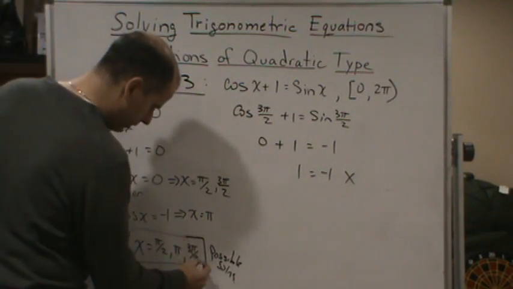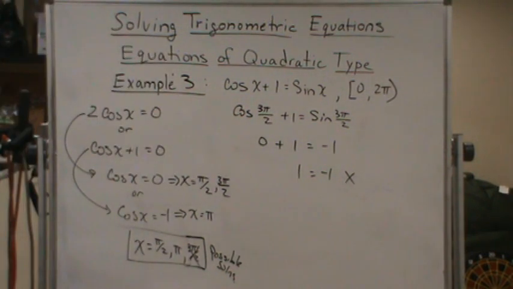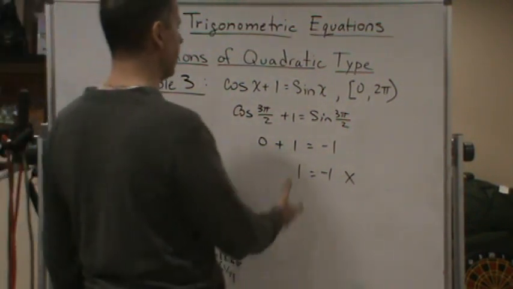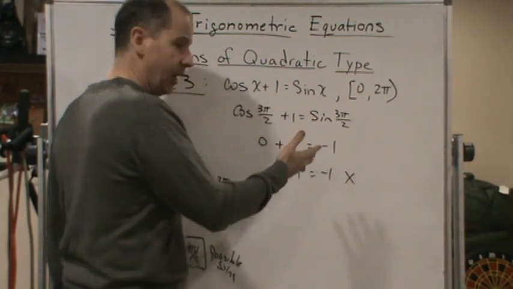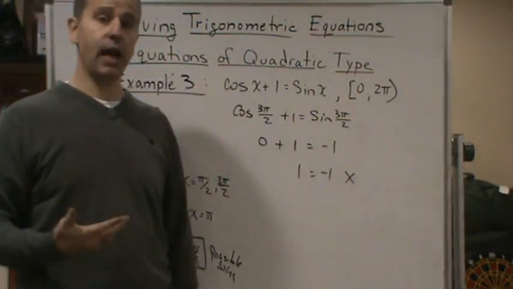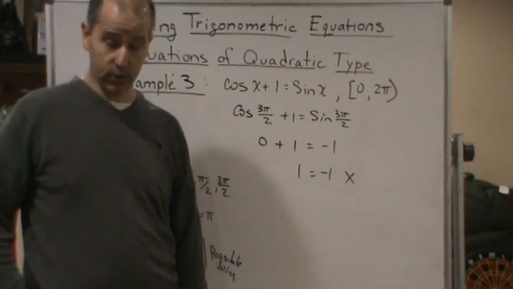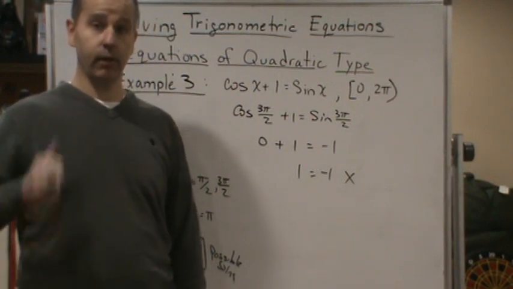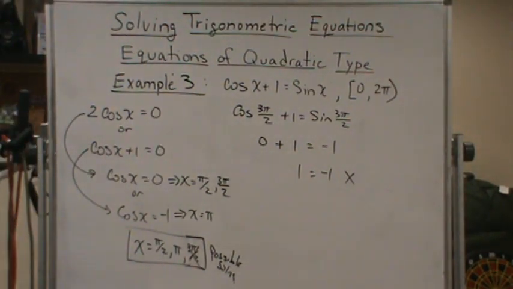So this one is wrong. So I was right the first time. It's just pi over 2 and pi. But anytime you have to square both sides in order to solve it, always check for extraneous solutions at the end. So now we'll go on to the next one.